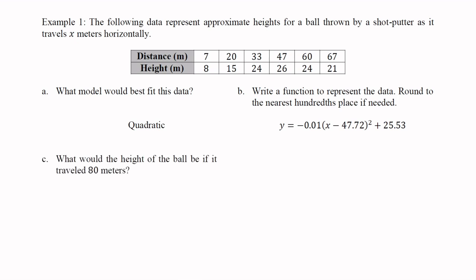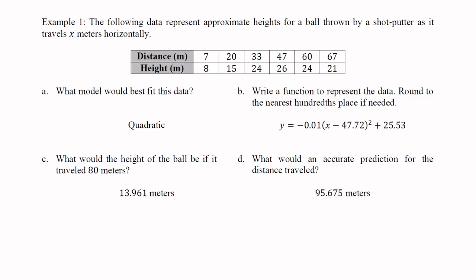Using that equation, we're now going to determine what the height of the ball would be if it traveled 80 meters. So you're going to plug the 80 into the equation we just found in B, and you're going to find that it's 13.961. And we're going to find out what an accurate prediction for the distance traveled would be. Well, the distance traveled would be when it hits the ground again. So in this case, y would be 0, and you will solve for x and find that it's 95.675 meters.